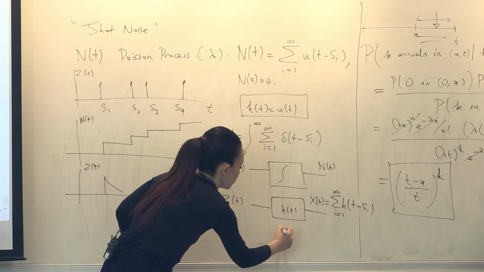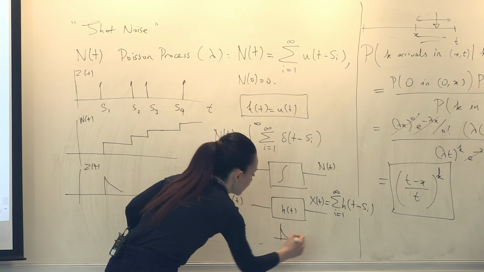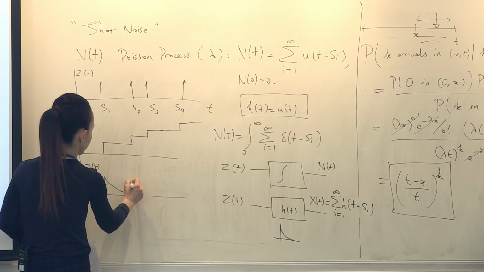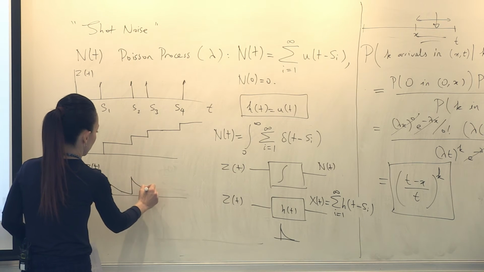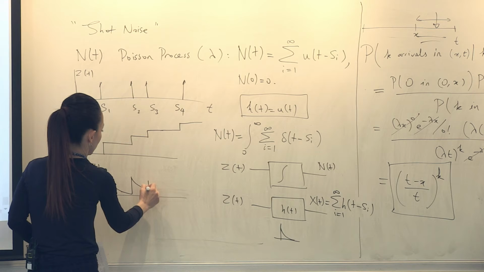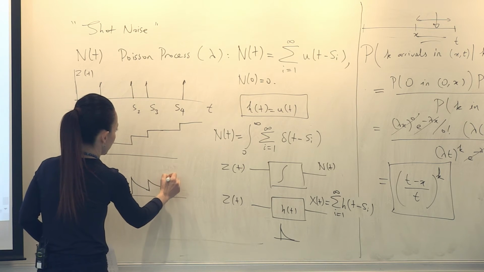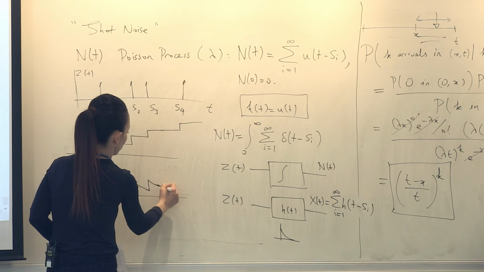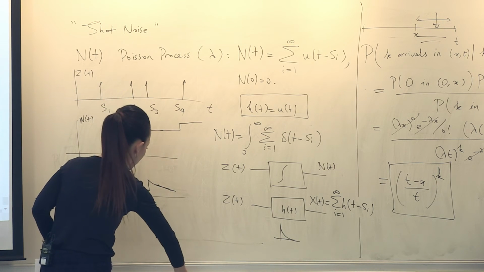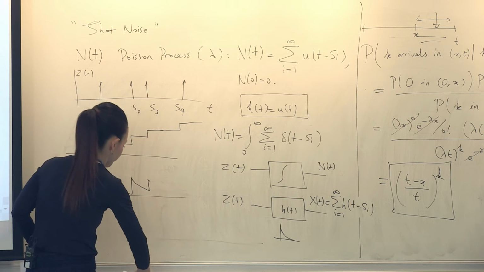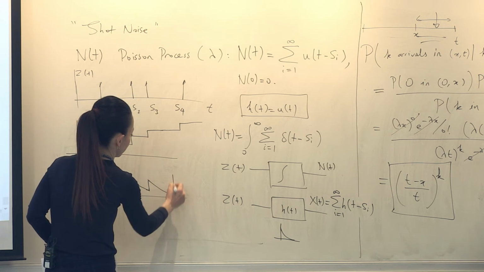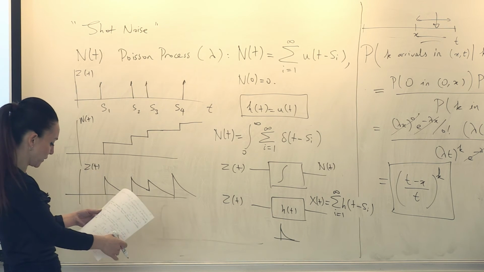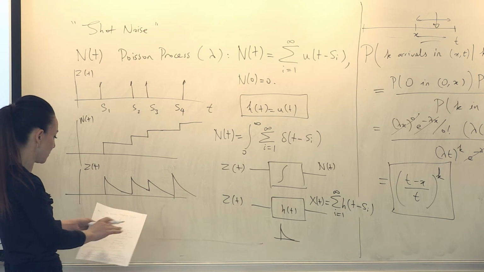If h of t looks like this, the resulting, I'm not doing a very good job of drawing this, but the resulting shot noise waveform is going to be looking something like this.